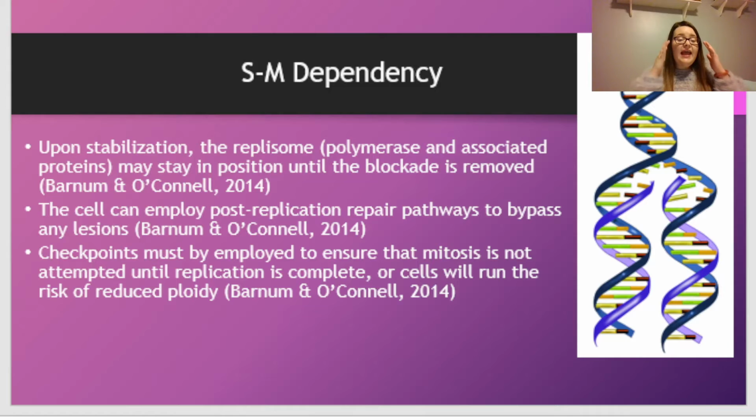The checkpoints have to be employed here to ensure that mitosis is not attempted until the DNA replication is complete, or the cells run the risk of altered ploidy. An example of this would be Down syndrome, where you have an abnormal number of chromosomes. I believe it's specifically chromosome 21, but don't quote me on that.